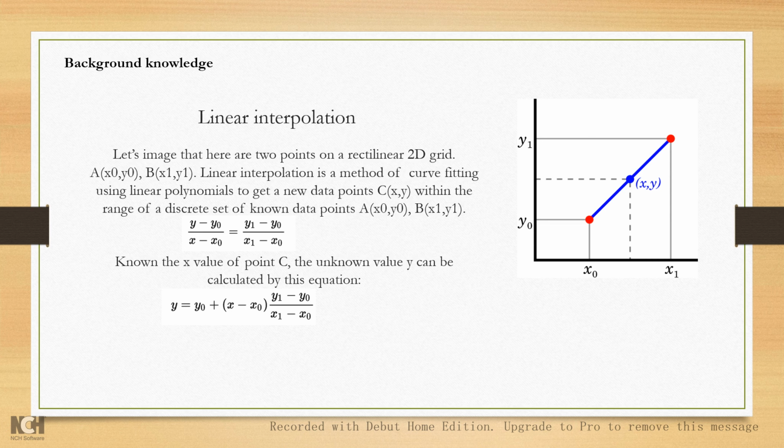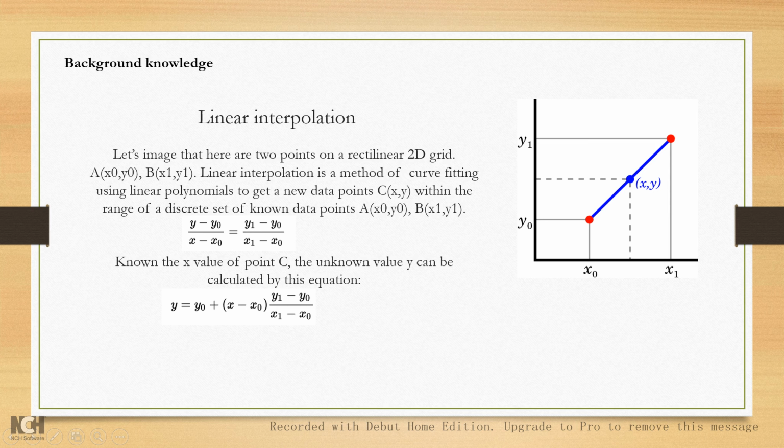Use linear polynomials to gather new data points which you see within the range of a discrete set of known data points A and B. We all know that this equation must be right. So if we know the x value of z, the unknown value of y can be calculated by this equation.